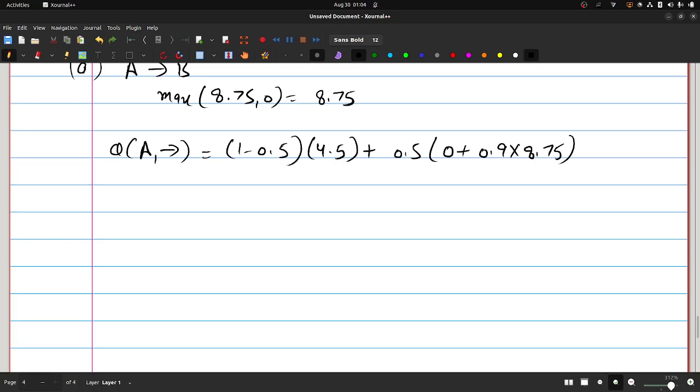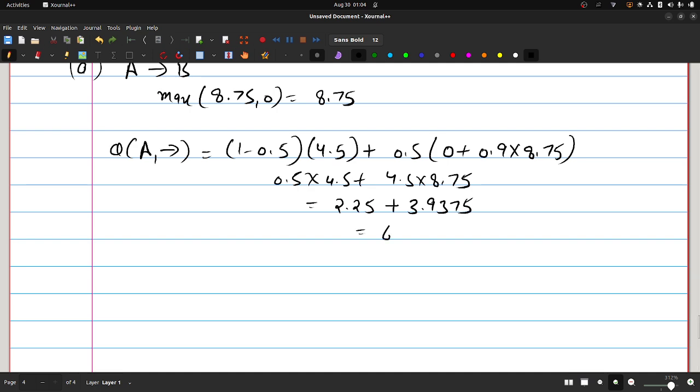So this is 0.5 multiplied by 4.5, plus 0.5 times 0.9 multiplied by 8.75. So it is 2.25 plus 3.9375, which is approximately equal to 6.1875.